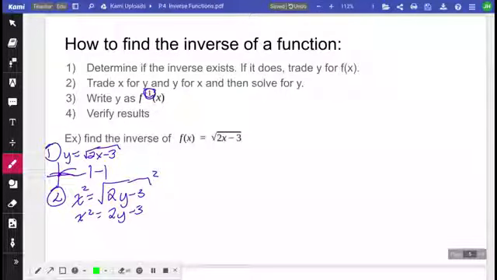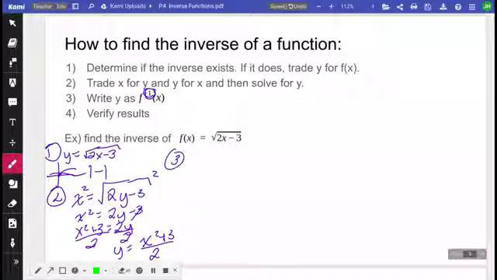I did that because the inverse of a square root is squaring. Then I'm going to add 3 to both sides so that the added 3 will cancel out the minus 3, and then I'll divide both sides by 2, so that I have y equals x squared plus 3 over 2.